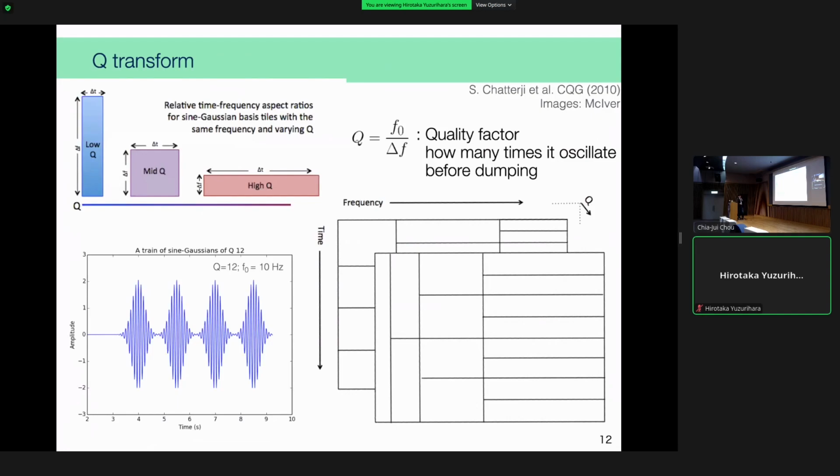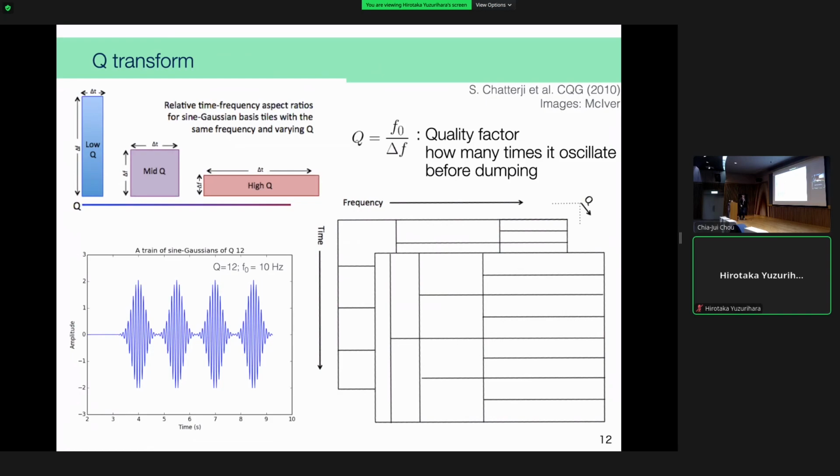At first, I explain the Q transform, comparing it with the Fourier transform. The basis is different. The basis in the Q transform is a sine Gaussian, and Q is defined in the right top.